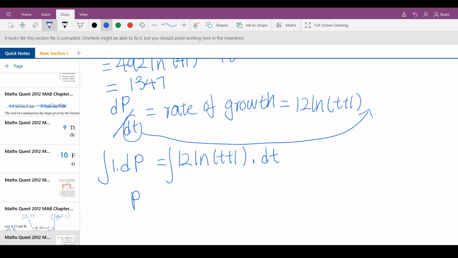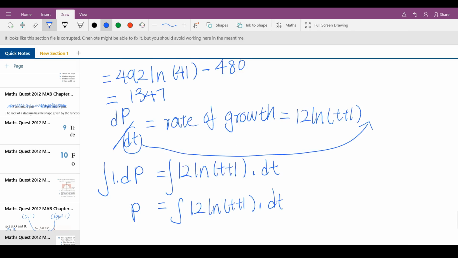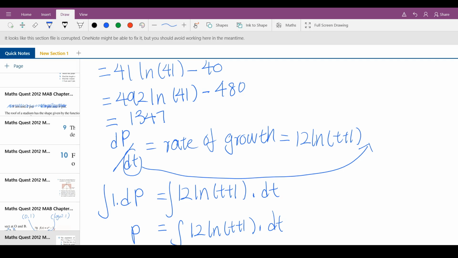Whatever is left is the population. So the population is equal to the integral of 12 ln t plus 1 dt. So what we get is actually the population. Therefore, we can write the unit for the previous answer: 1347 kangaroos, because it's a kangaroo population.